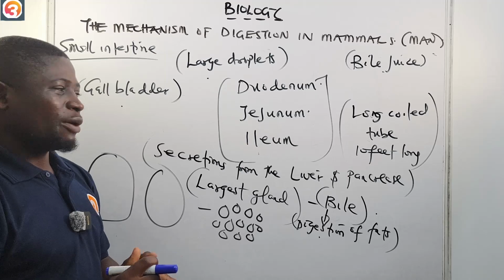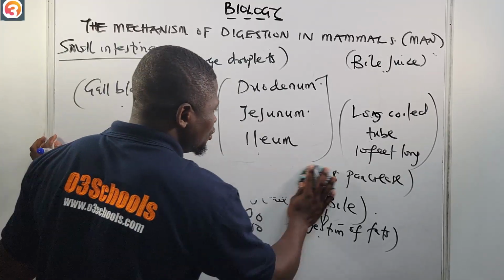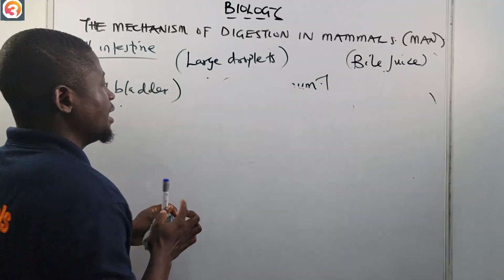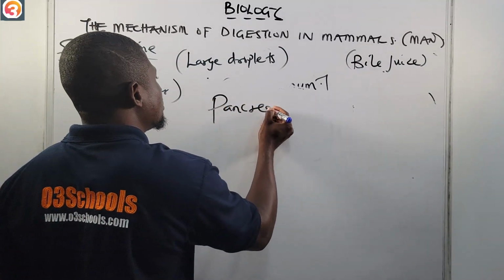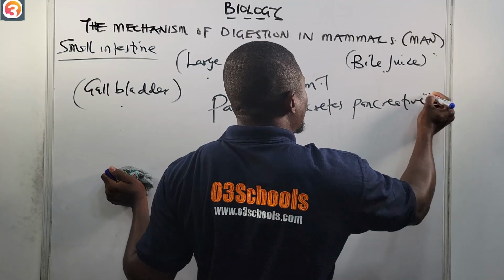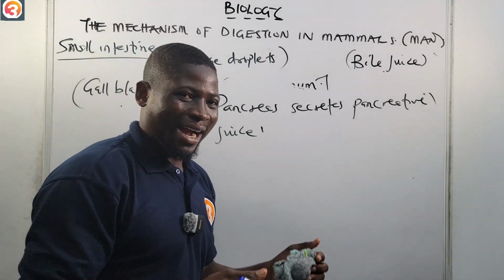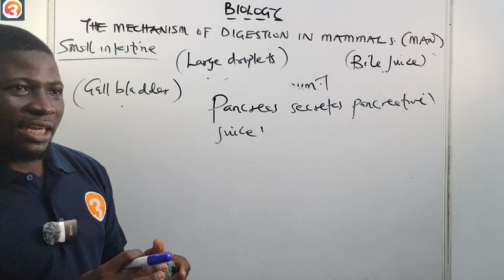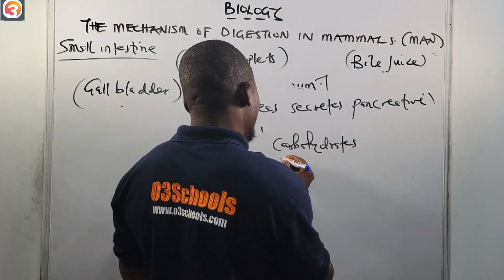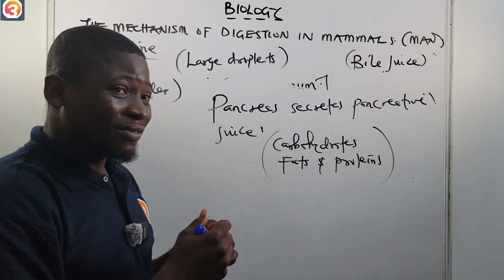The pancreas secretes pancreatic juice, which helps in the breakdown of carbohydrates, fats and proteins.